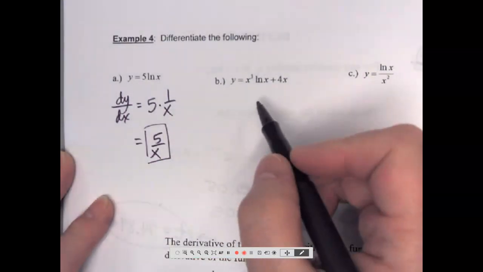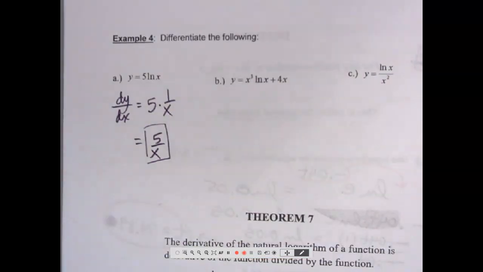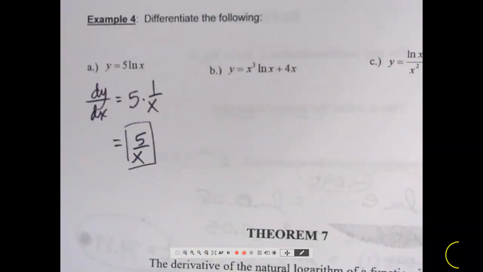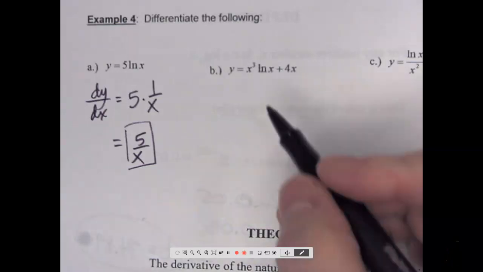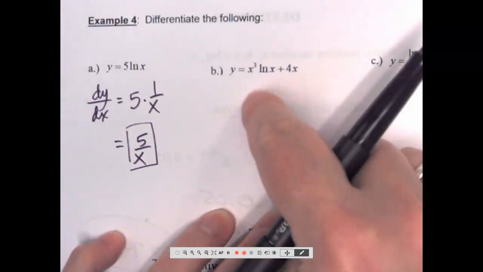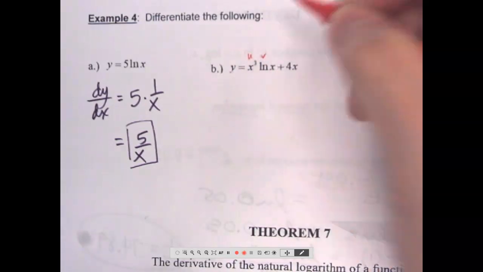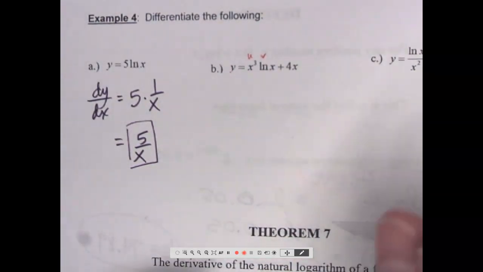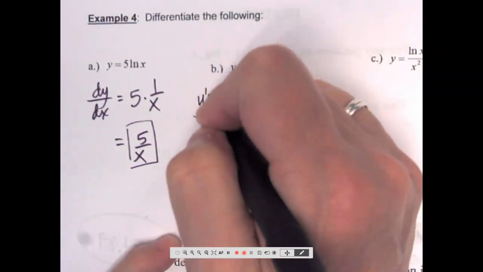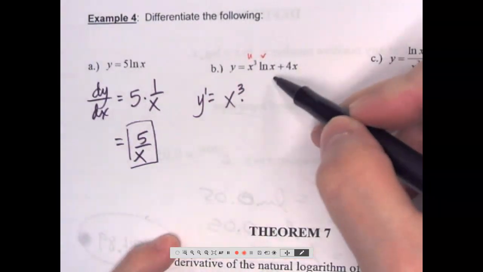Okay, this next problem, I do need to use the product rule. Why is that? Function of x times function of x. Only in this first term. So here's a function of x times another function of x. This is a product rule term. So think of this as u, and that's v. And my derivative would be u times v prime.